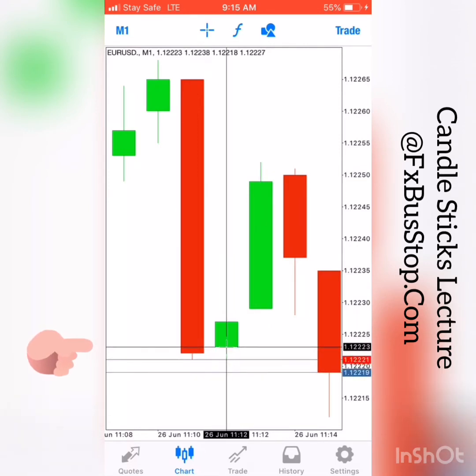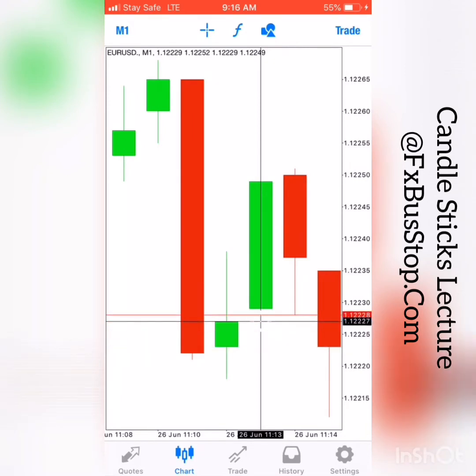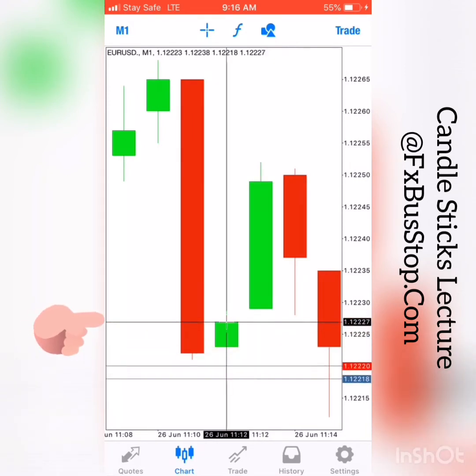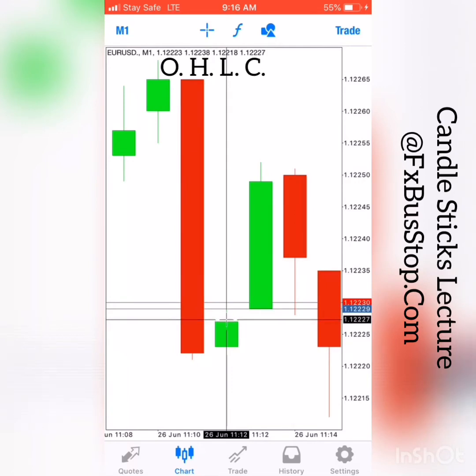This level is the starting level of this candlestick, and as you can see, it's written above as the opening price, 1.12223. If you go up a little bit, that is the closing price. This place right here, 1.12227, is the closing price of this candle, which is also indicated above.